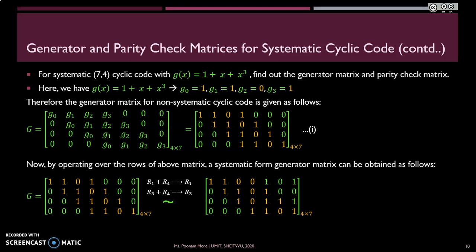Now what is a systematic form? In systematic form we always have an identity matrix and the parity matrix that stand out separately.